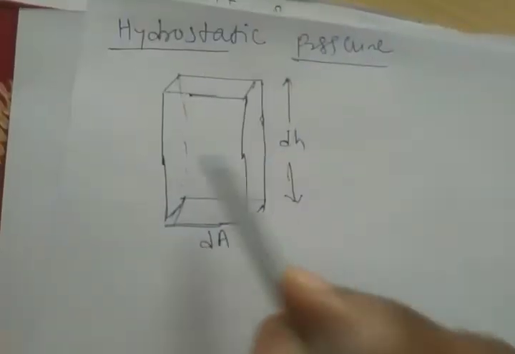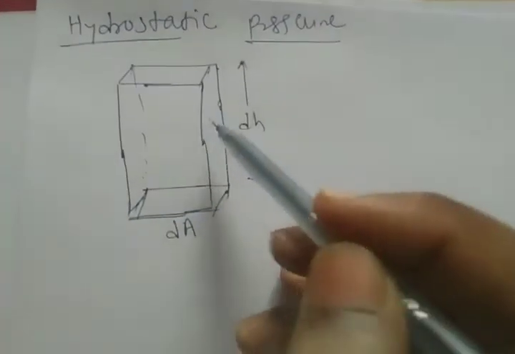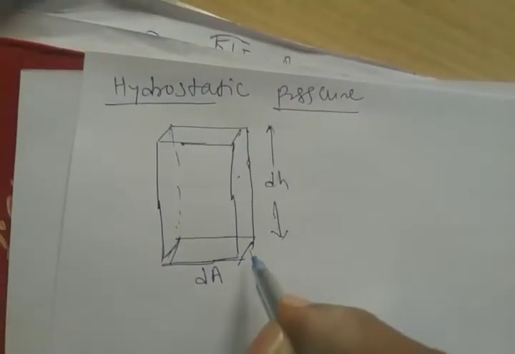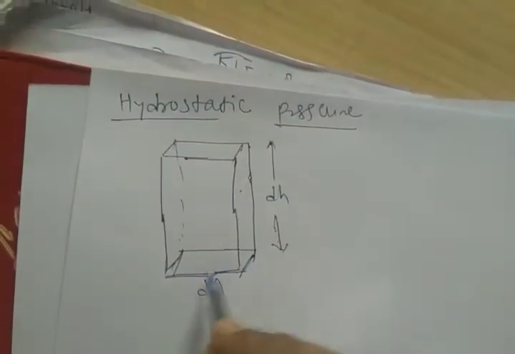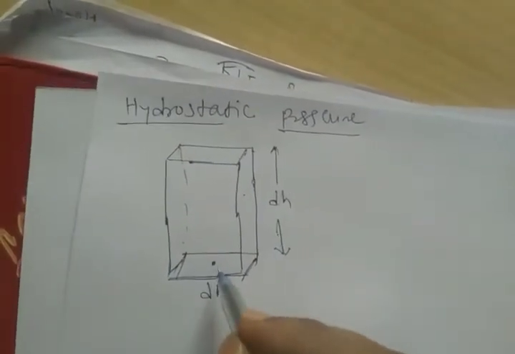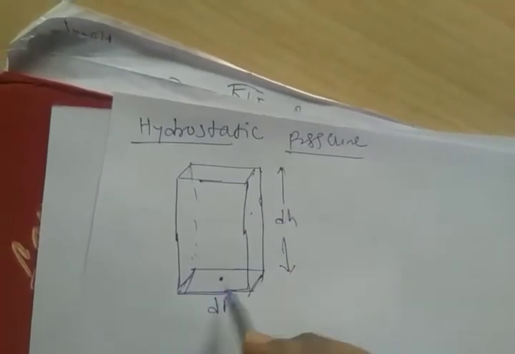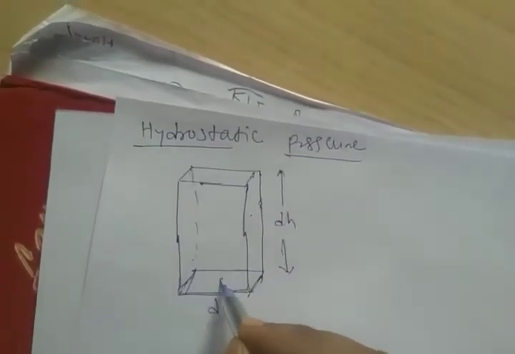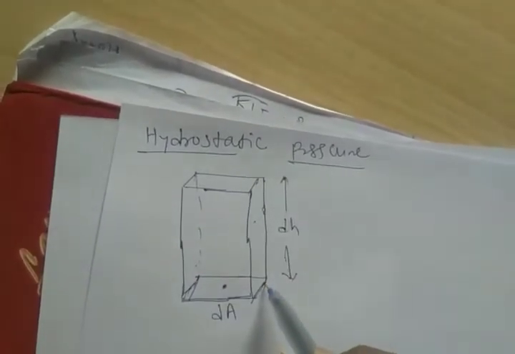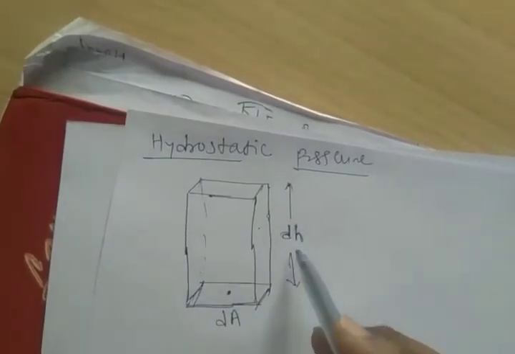Hydrostatic pressure is the pressure developed by the weight of fluid above the point in the vicinity of a gravitational force. So let's say here is a point, and we have to find the pressure at this point. The hydrostatic pressure here will be the result of the weight of the water or the fluid above this point, which has the height dh.